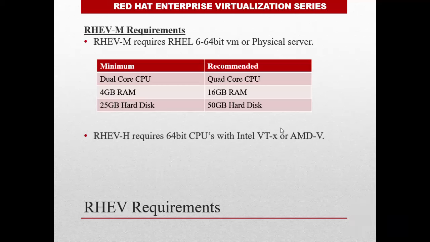The hypervisor, RHEV-H hypervisor, requires 64-bit CPUs with Intel VT or AMD-V enabled. You have to enable them in the BIOS. The latest servers that come, it is enabled anyway.